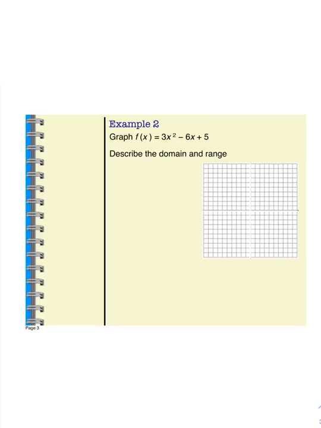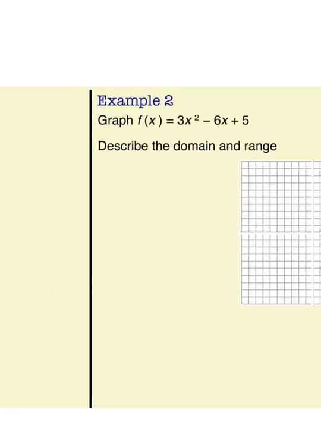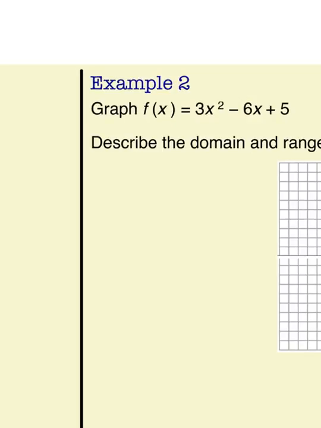Alright, example 2. We are going to graph this quadratic function by using the vertex. So first we need to find the vertex. We're going to find the x-coordinate by using our equation negative b over 2a. B is already negative, so when I plug in negative 6, it's going to end up being positive 6 over 2 times 3, which is 1. X equals 1.